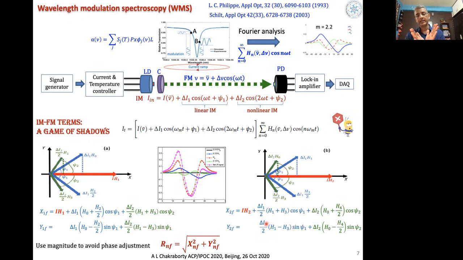In a similar fashion, for the second harmonic also, you get an expression. And these signals are detected along the two orthogonal lock-in axes. But if you take the modulus of that, then you can get rid of the lock-in phase setting, which is very difficult to do. So typically, one uses the magnitude signal of a given harmonic signal.